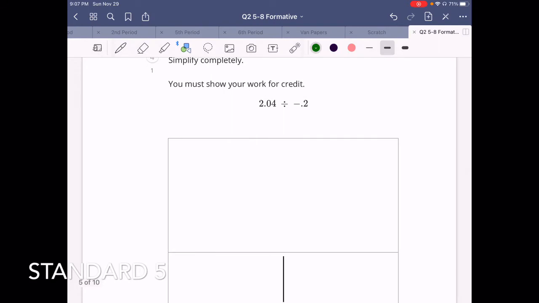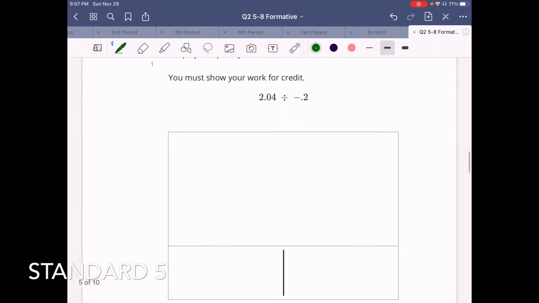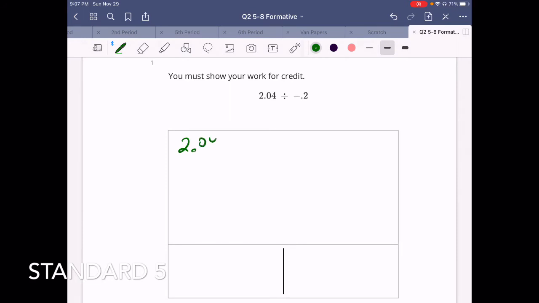Speaking of decimals, we have 2.04 divided by -2/10. I can multiply this by 100 over 100 if I want to keep it as fractions and get 204 divided by -20.